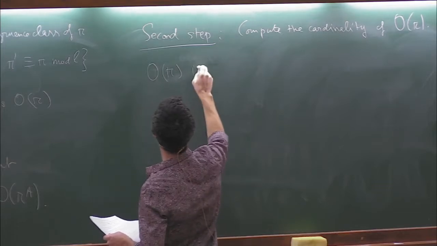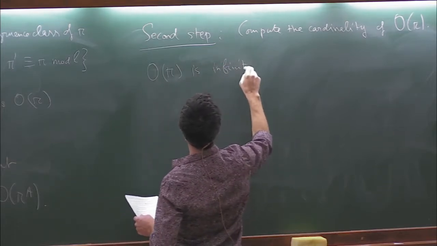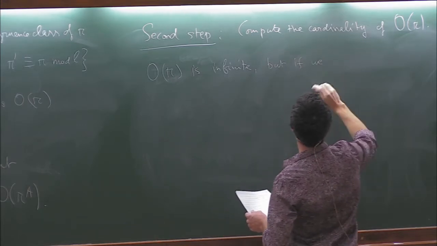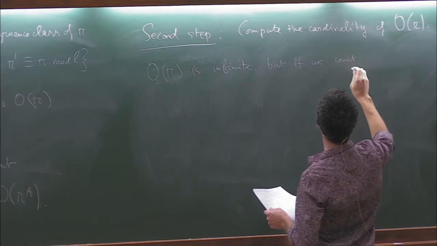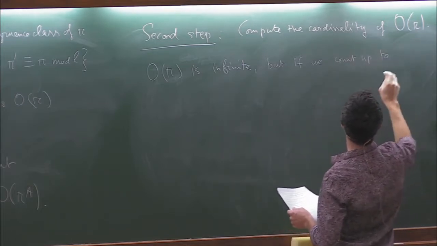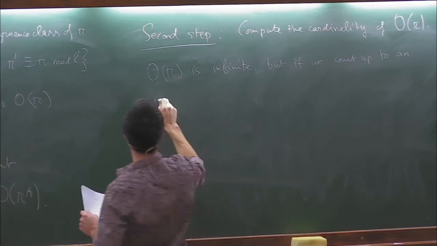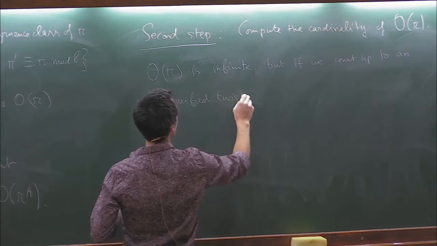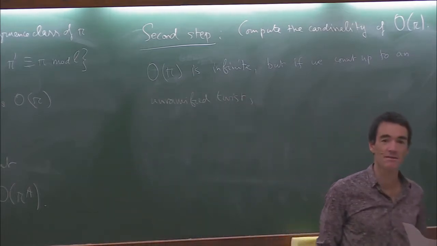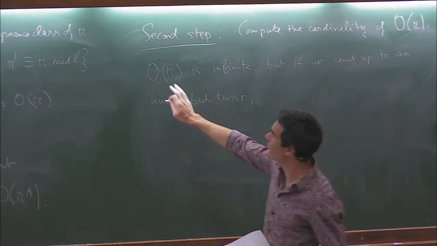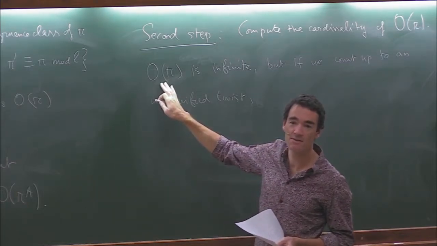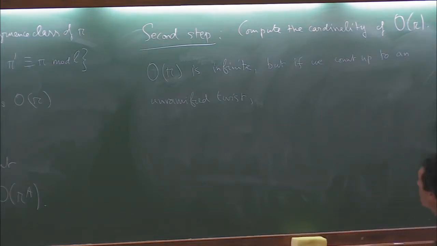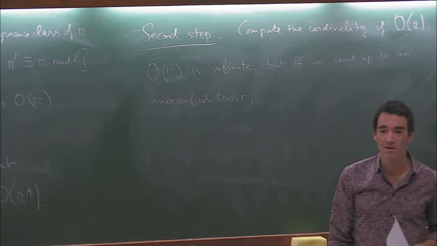O of pi is infinite, but if we count up to an unramified twist, which means that we consider two elements in this set to be the same if they differ by a twist by some unramified character, then it becomes a finite set.